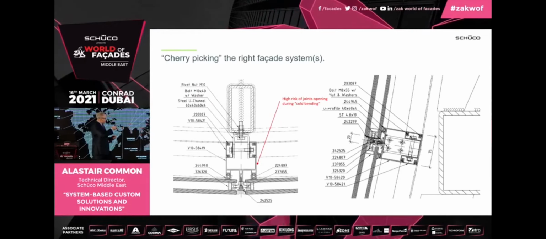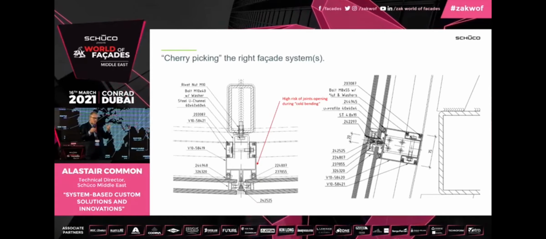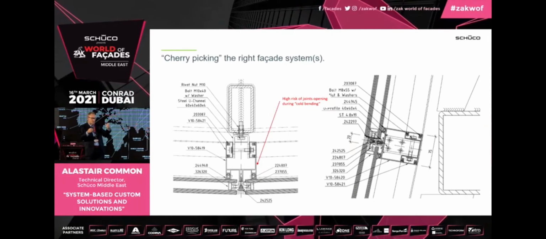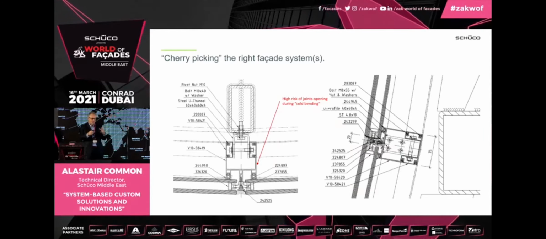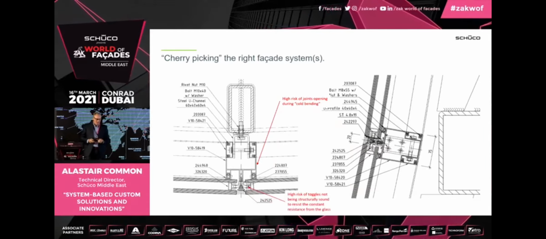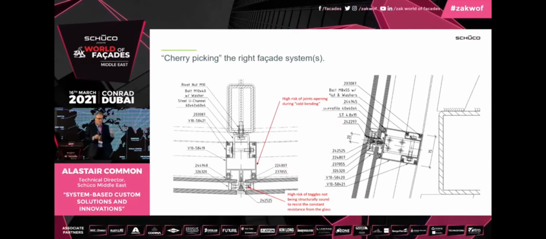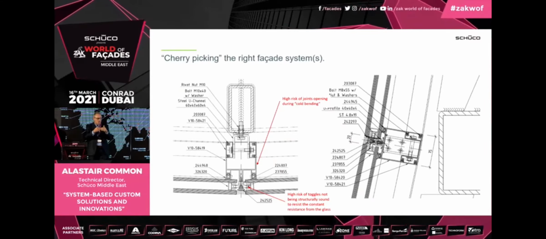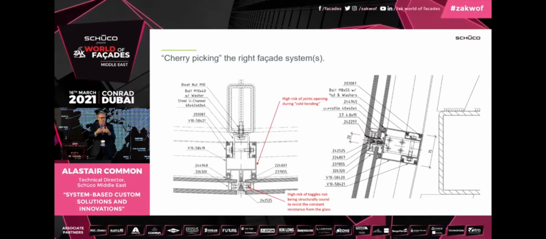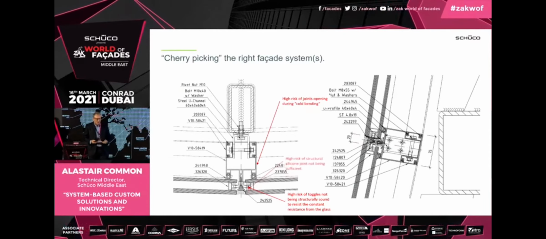But there are many inherent problems of doing that with a stick system. Certain points here, there's a high risk, especially when you start to manipulate the panels as part of the cold bending, that there's that risk of these joints opening up. There's also the risk of the toggle system here not being structurally sound when you have that constant load from the glass wanting to resist against the toggles.